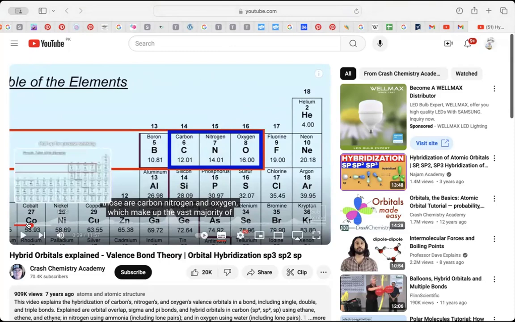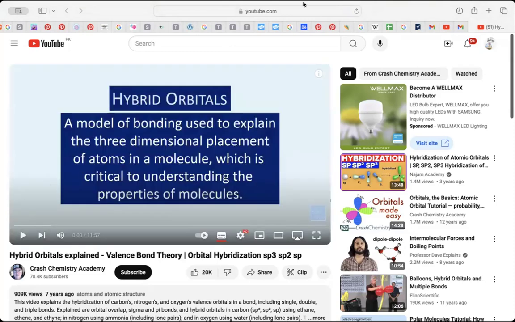Now is my screen sharing? Yes, sir. Okay. Why is it resume pause? No, okay, let me make it bigger.